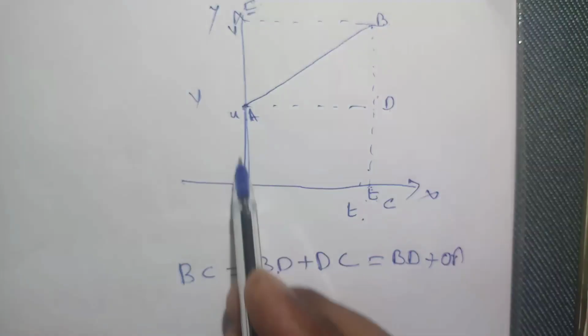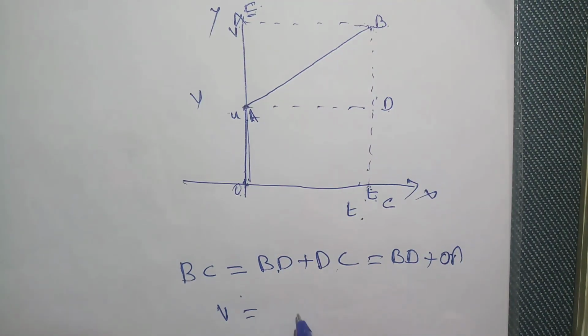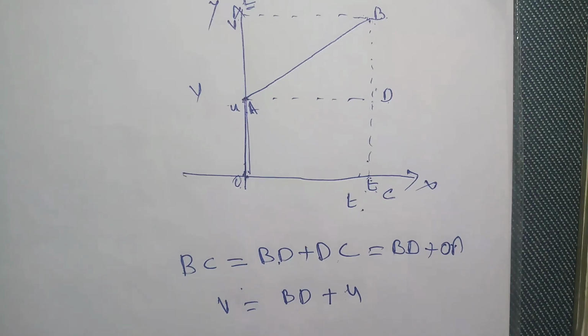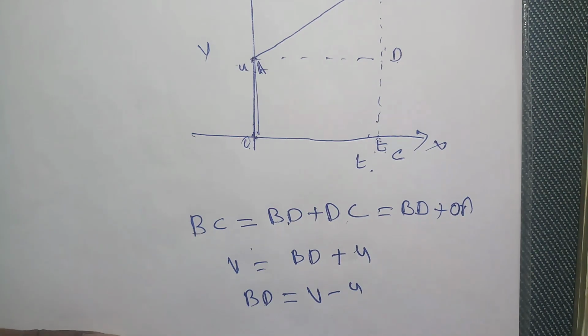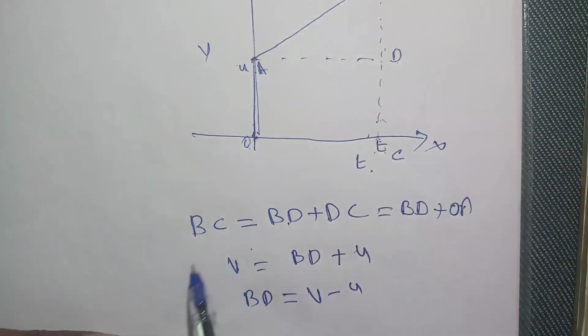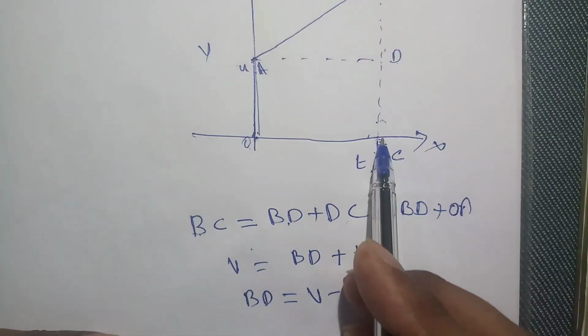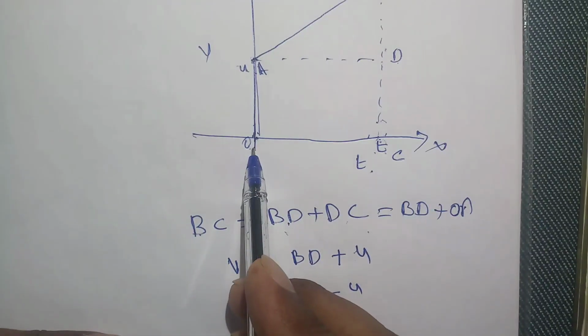That is this one, this total length here, V. Or we can write V is equal to BD plus U. Or we can write BD is equal to V minus U. Okay, I think this much is clear. That is, this total length BC is equal to this length plus this length. That's what we wrote here. Instead of this length, we can take this one also because both are same.